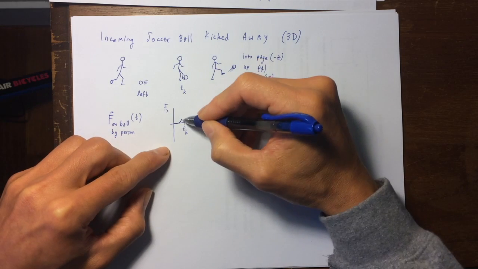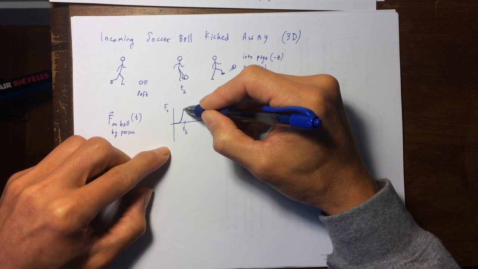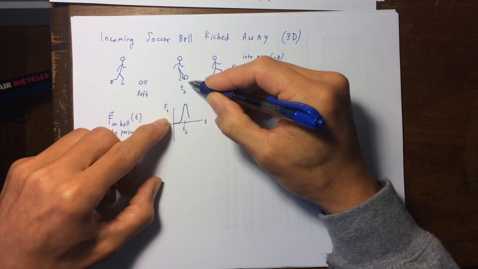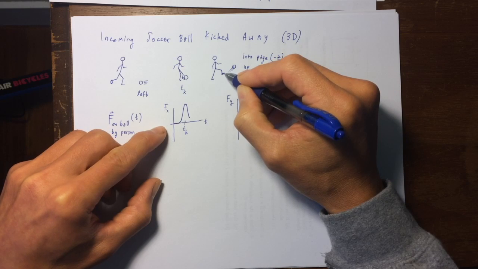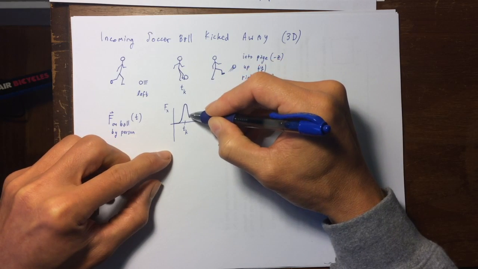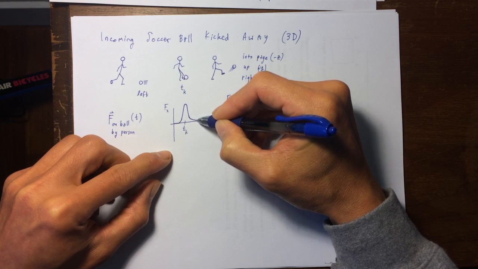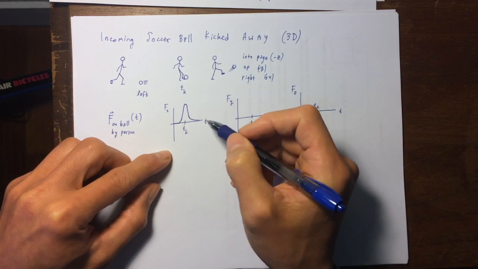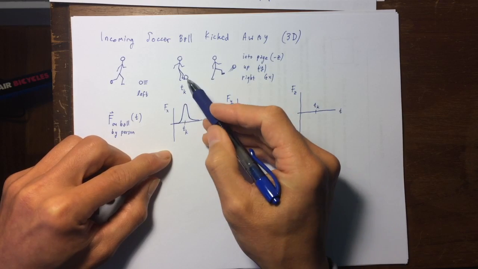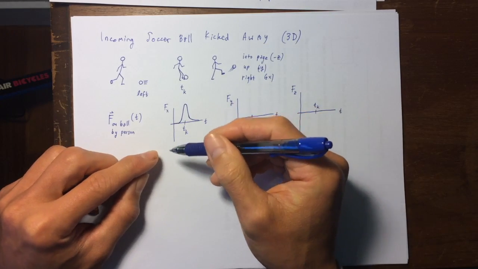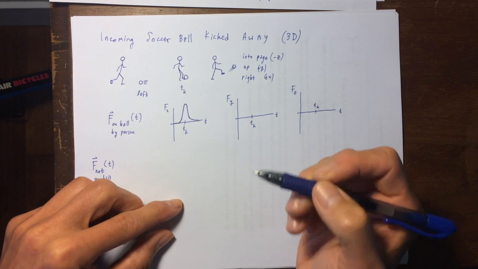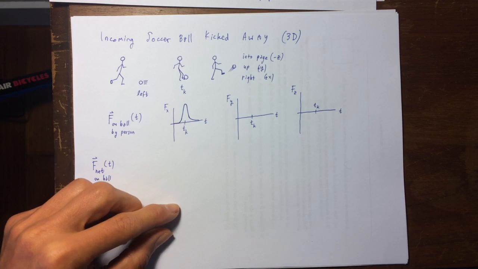It has to grow up to some really large value, and then it begins to leave the foot and come off the contact with the foot, so the force goes away and back down to 0. And you can see that this is kind of complicated, and it depends on the kick, the player, the soccer ball, and lots of things. But nonetheless, it's got some shape like this. This is what it's going to look like qualitatively, right?